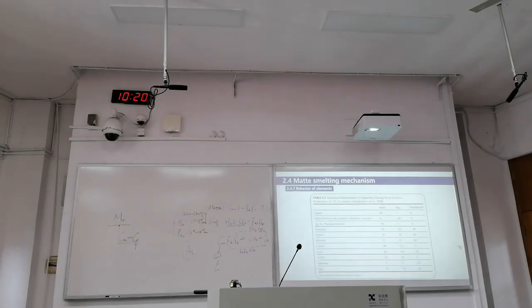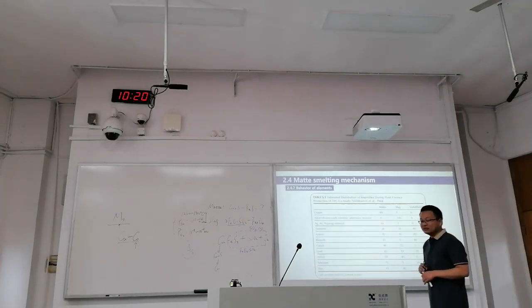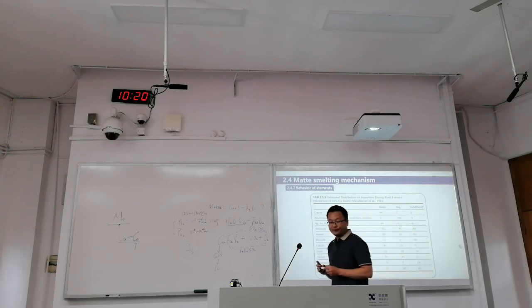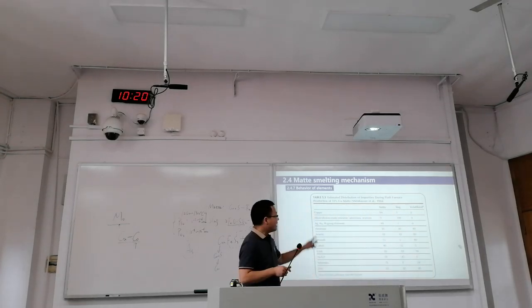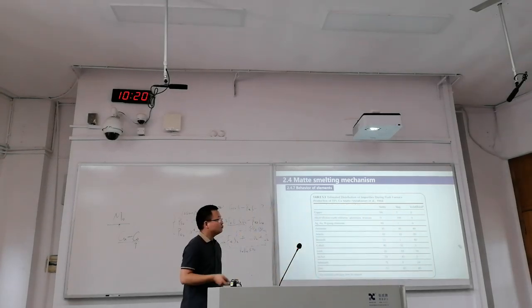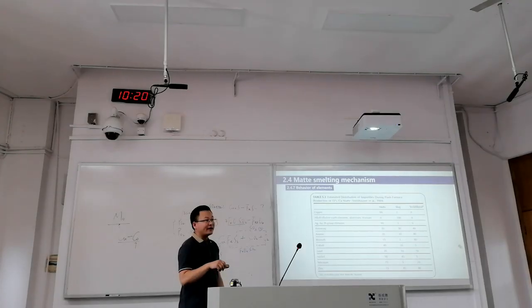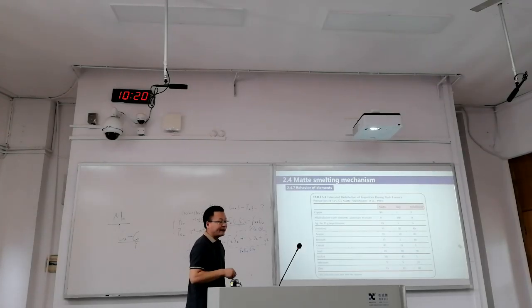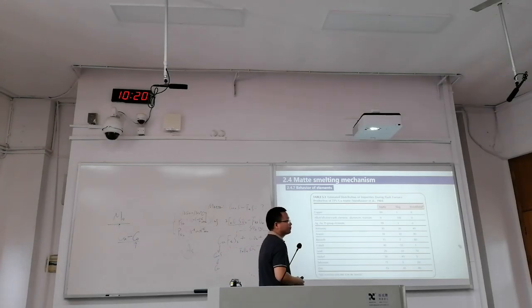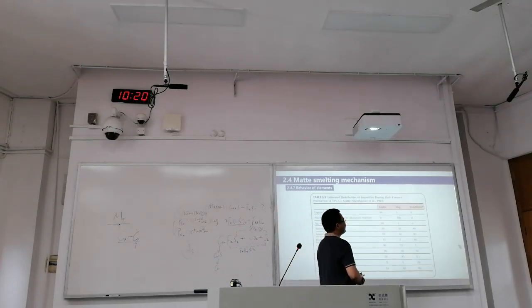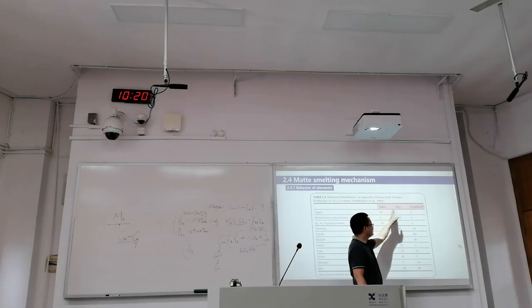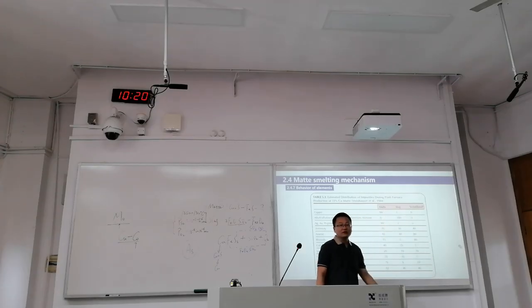And this is from a textbook, The Extractive Metallurgy of Copper. If we read the first row of this table, what do you find? We find there will be three important streams. The first one is matte, then slag, then volatiles.